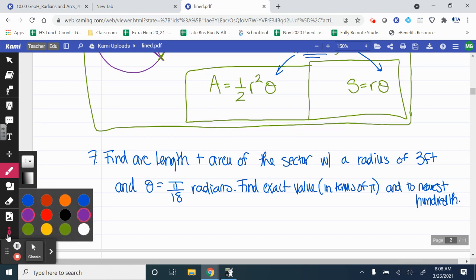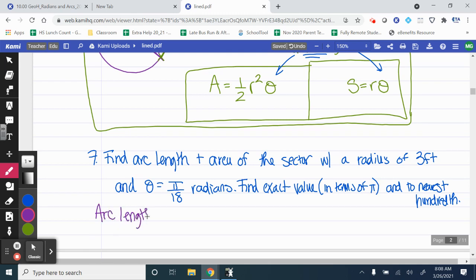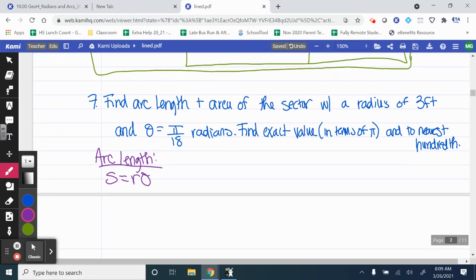Okay, so first let's start with our arc length. Our formula for arc length is S equals r theta. So the arc length is the radius times theta in radians. So here I would just do S equals my radius, which is 3 feet, times my theta, which is pi over 18.